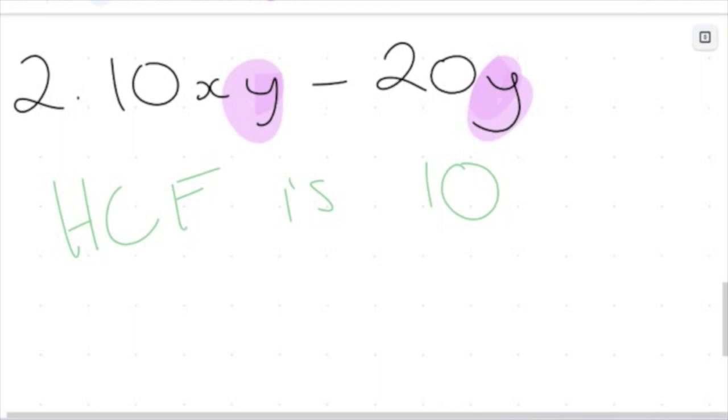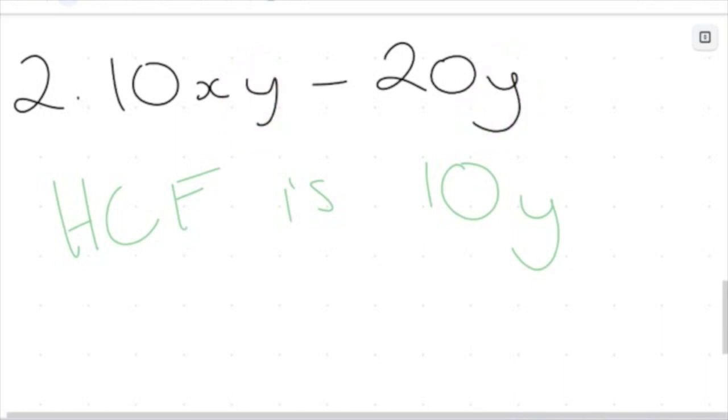So y goes into these two terms as well. So the highest common factor is actually going to be 10y. We are now considering the algebraic term as well. Because we don't know what y is, we know it goes into both of them. We know 10 goes into both of them. So the highest common factor here is 10y.